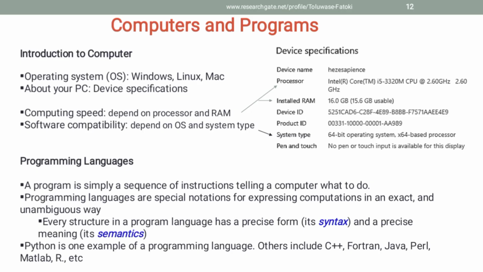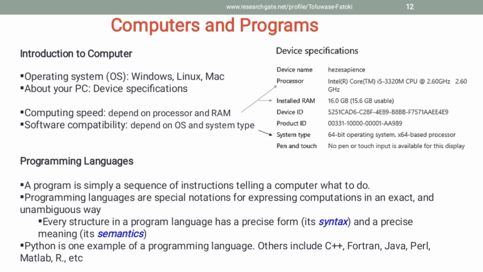Then another thing is the system type. We have the bit size. We have two types for now, even though it used to be three: 32 bits and 64 bits. And presently, I think there is what we call 128 bits. But the most common computers in our environment are majorly 64 bits. Some software is produced based on 32 bits, while some is produced based on 64 bits.